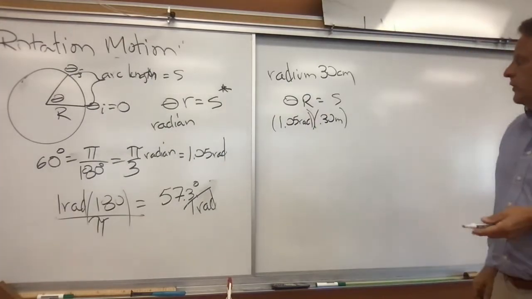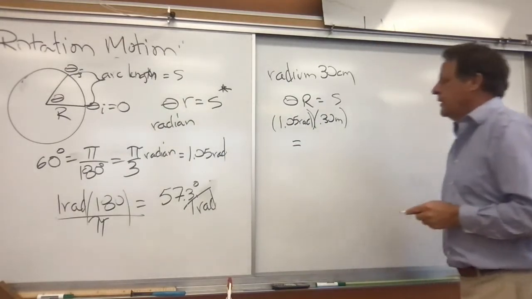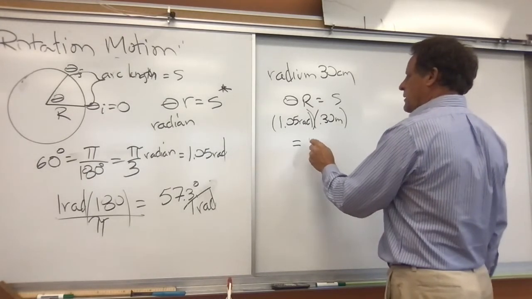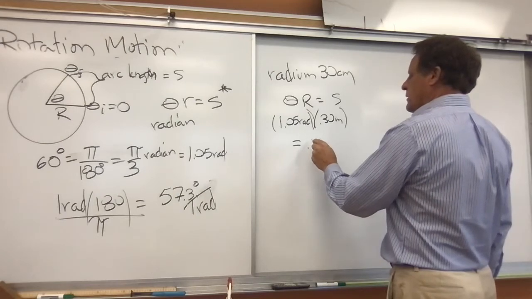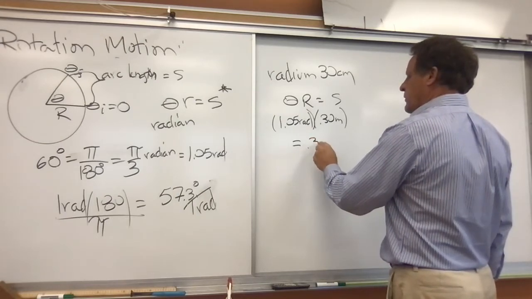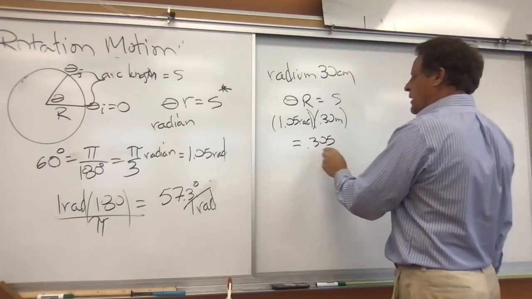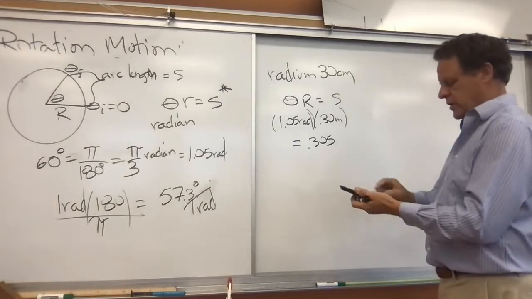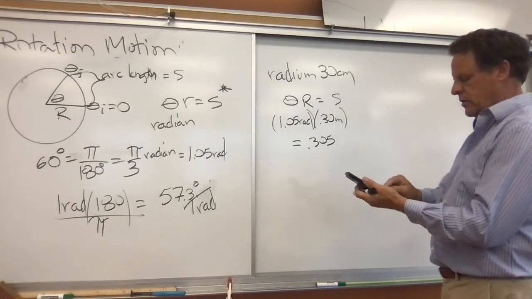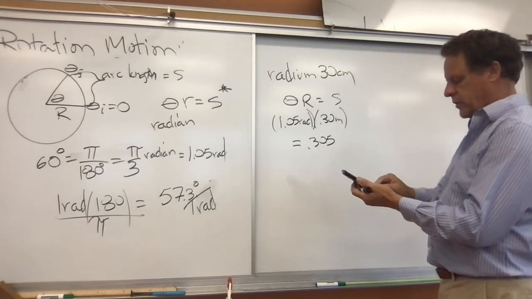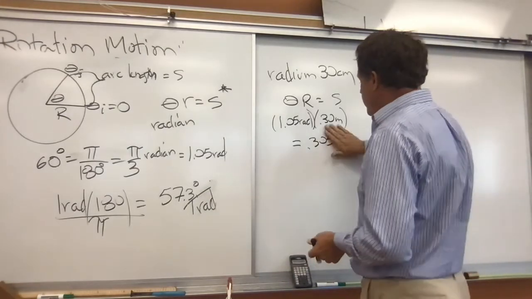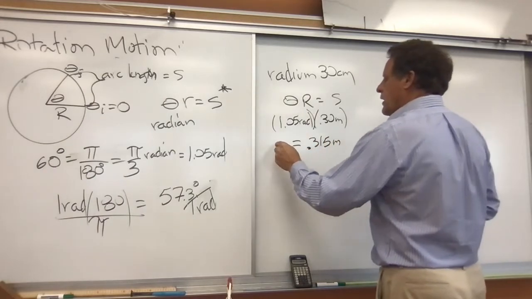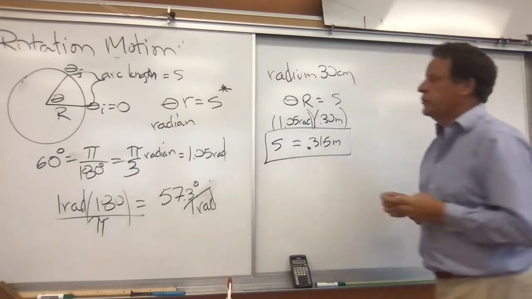This gives us an arc length of 1.05 times 0.30, which is 0.315 meters.